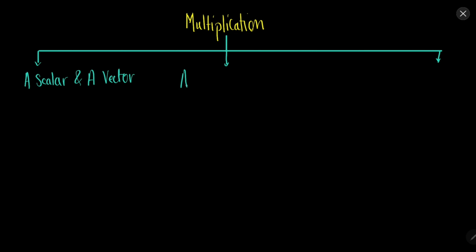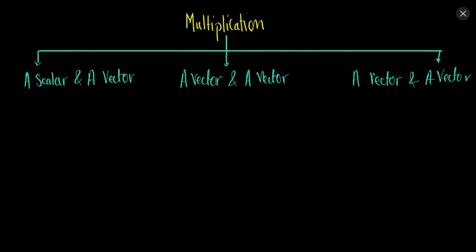Then we can multiply two vectors, a vector with another vector, and similarly two vectors can again be multiplied in another way. So we can multiply two vectors in two different ways. We will discuss that in a moment. So first, the scalar and a vector multiplied together.